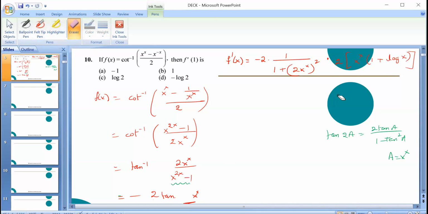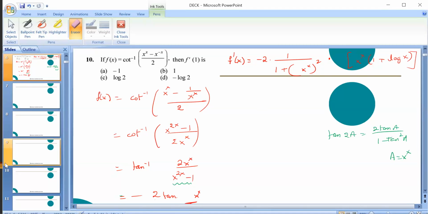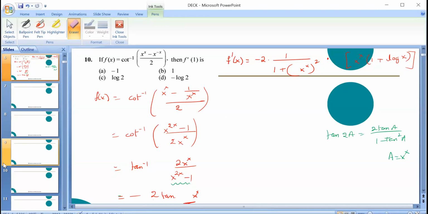Now we will put x as 1. Minus 2 by 2 into 1. That is minus 1, which is option C.